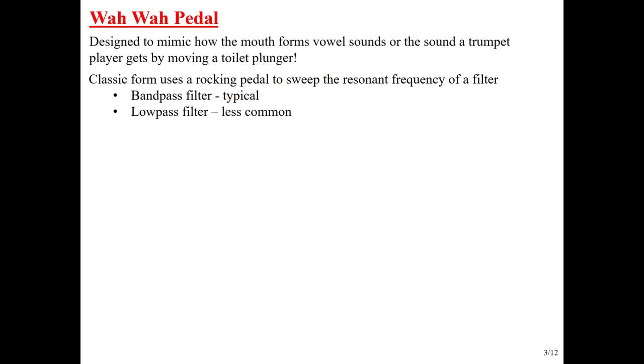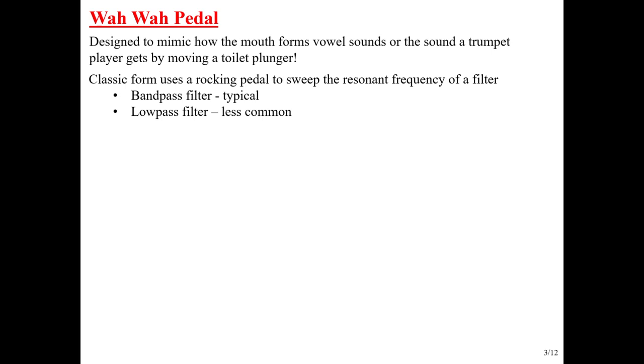And typically it was some sort of band pass filter, although you could do a low pass with a very high resonant peak that was swept back and forth. So that's the idea. And somebody invented this back in the 1960s using analog electronics, and we'd like to try to mimic that with digital audio signal processing.